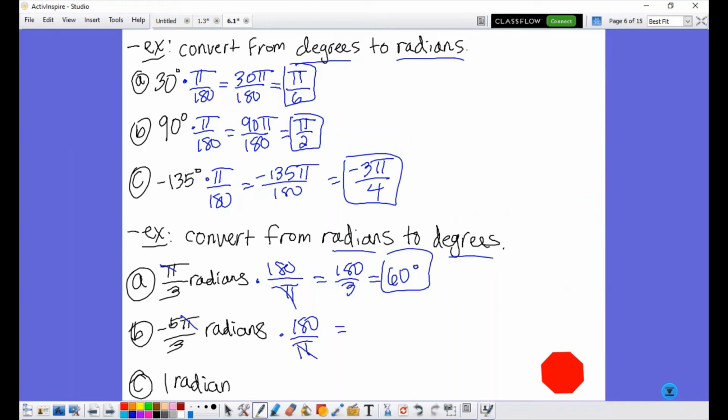You're going to end up with negative 900 over 3. If you choose to reduce, you can reduce by 3, and that ends up giving you negative 5 times 60. Either way, when you multiply, you end up getting negative 300 degrees.